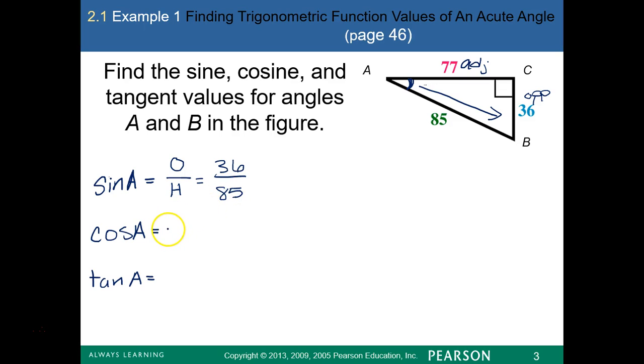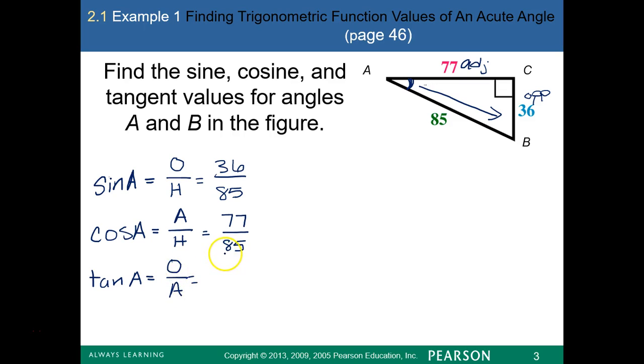And then cosine of A is your adjacent over hypotenuse. So that's your 77 over 85. And then tangent, that is your opposite over adjacent.